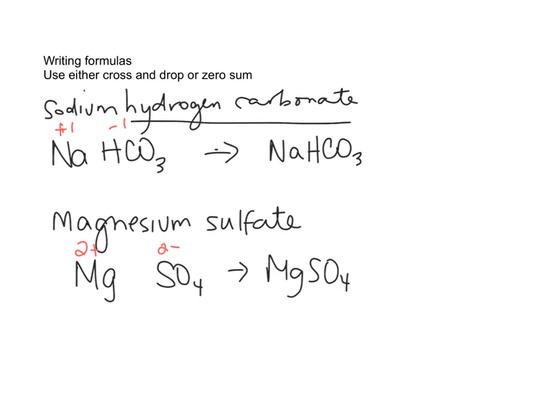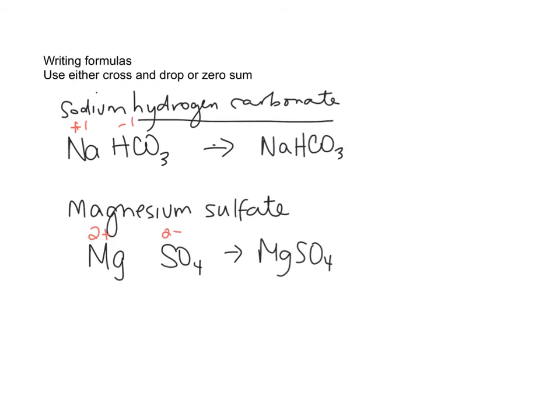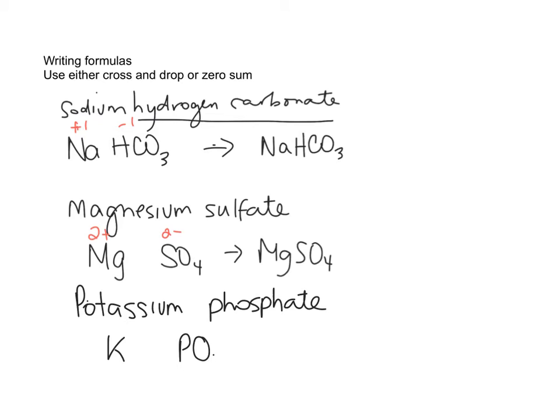Now, what if we do, let's just move this up a little bit. Potassium. Oops, I almost wrote the symbol. Potassium phosphate. So potassium has the symbol K. Phosphate has the symbol PO4.